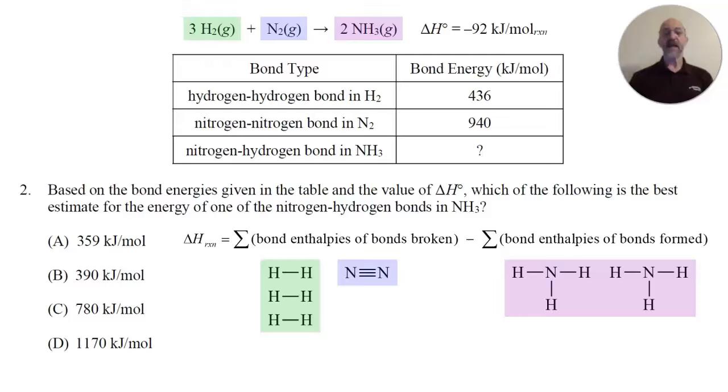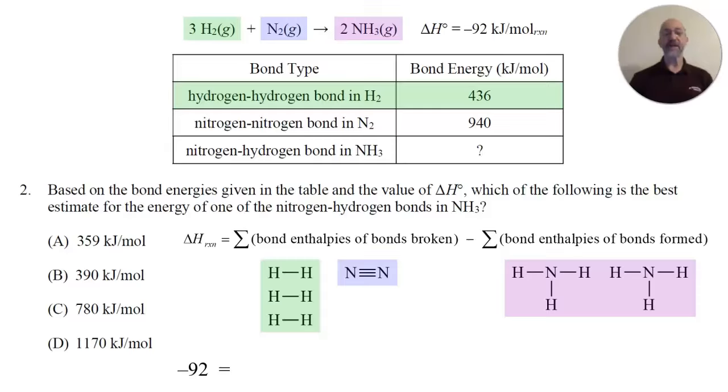Now that we have that information, let's go ahead and plug in the numbers that we know and then solve for the number that we don't know. So the change in enthalpy, or the delta H for this reaction, is negative 92 kilojoules per mole of reaction. So I will write negative 92 for the value of delta H, and then I see that the hydrogen-hydrogen bond in hydrogen is 436 kilojoules per mole.